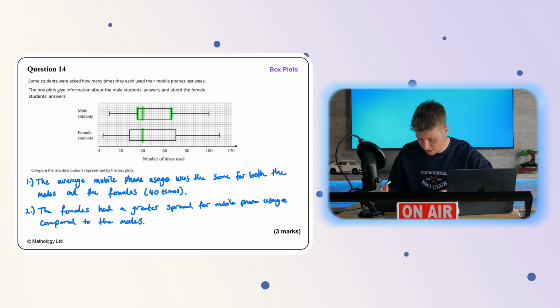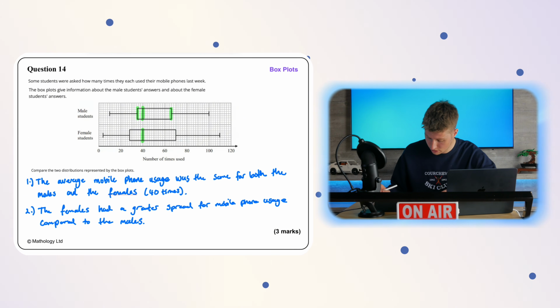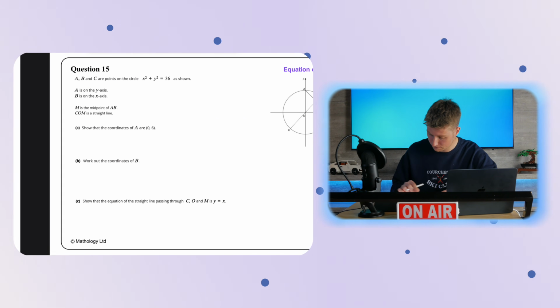So they are the 2 points that we need to record when we're asked to compare distributions with box plots.